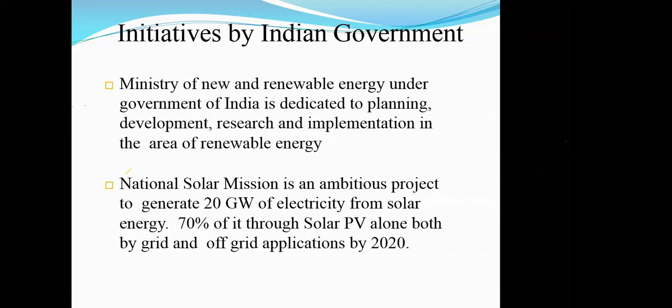We have a dedicated ministry for it, the Ministry of New and Renewable Energy Resources. And we had the National Solar Mission. This was an ambitious project to generate 20 gigawatt of electricity, and out of this 20 gigawatt, between solar thermal and solar PV, 70% would have to be from solar PV.